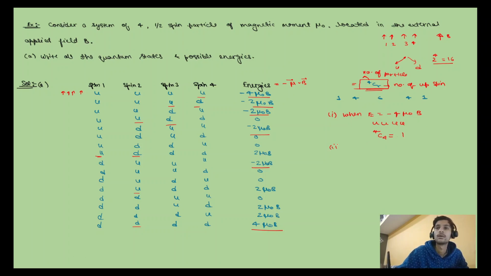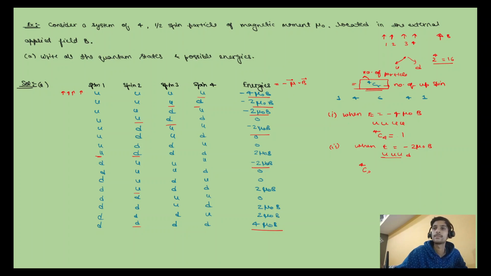Now when you have energy equal to minus 2 mu naught B, right? Then in that case you will have such a situation like you have 3 ups and 1 down. Then only this will cancel, and this 2 will give you 2 mu naught magnetic moment, right? Now you have to arrange four particles, out of which three are of same kind, right?